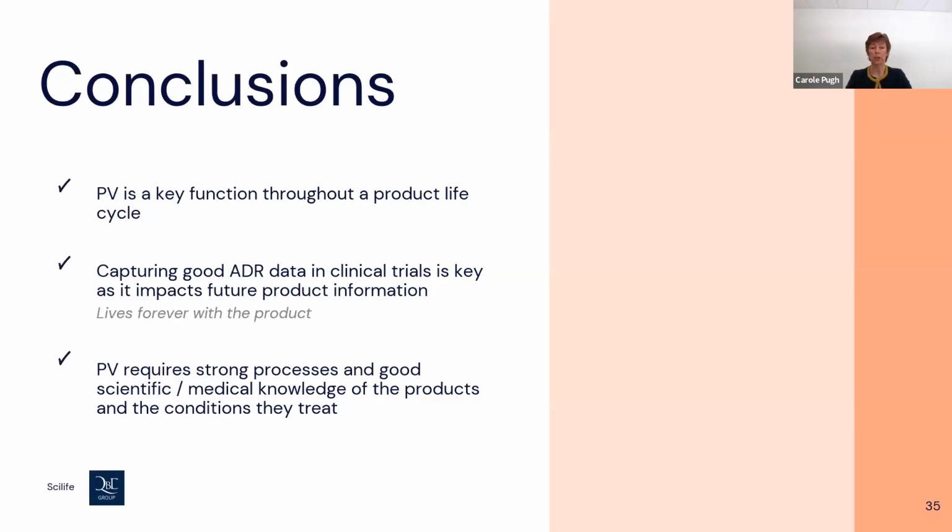Capturing good adverse drug reaction data in clinical trials is key, as it impacts the future product information, which lives with the product, and it's extremely difficult to remove an adverse drug reaction from the product information once it's included, even if erroneously. So all these clinical trials that may occur many, many years before the marketing authorization, it is important to keep that long-term view for capturing good quality data.